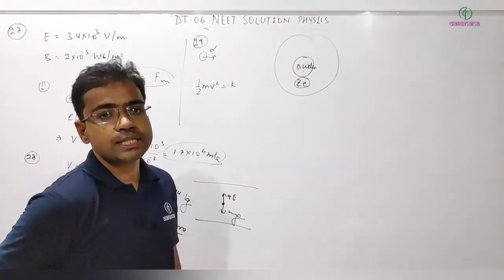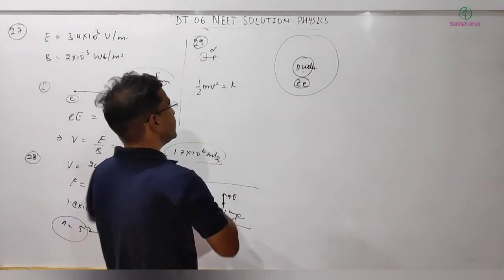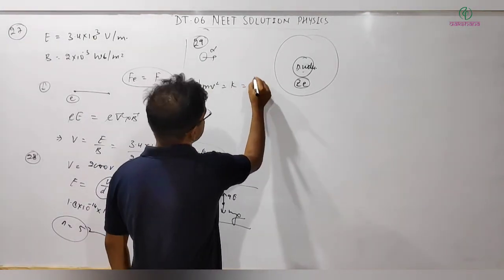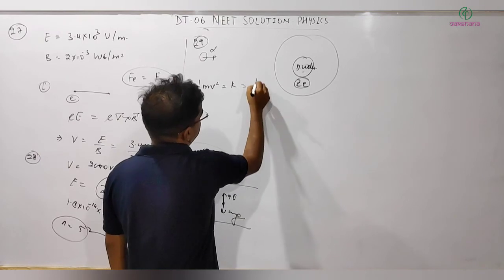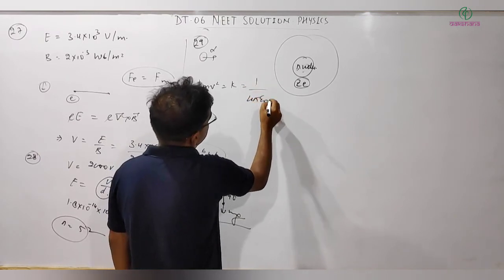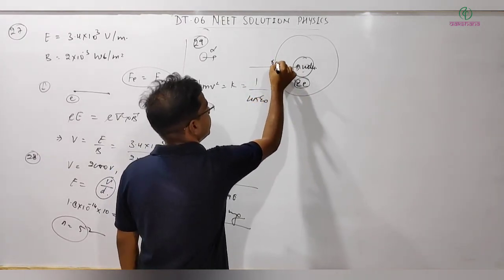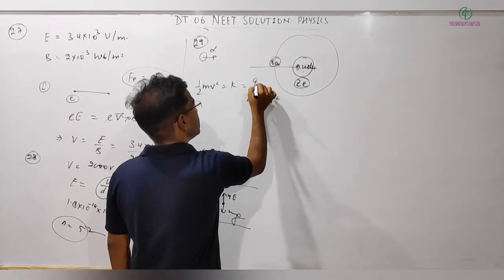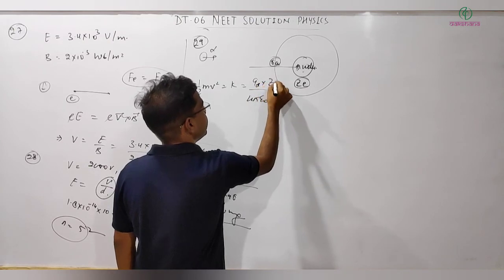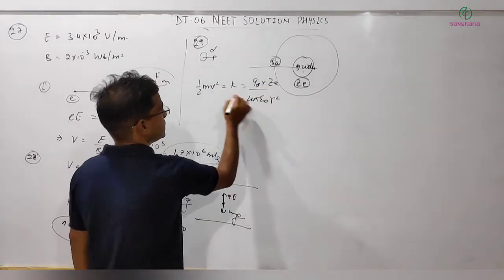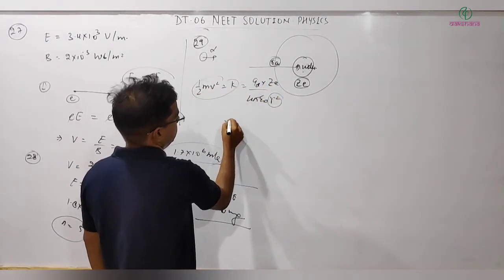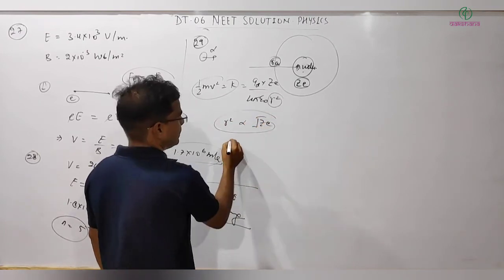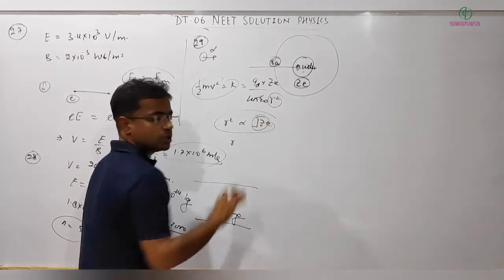At the distance of closest approach, this complete kinetic energy will be converted into potential energy, so we can write 1 by 4 pi epsilon naught times q alpha multiplied by Ze, divided by the minimum r of approach. This is constant, so r is proportional to Z.